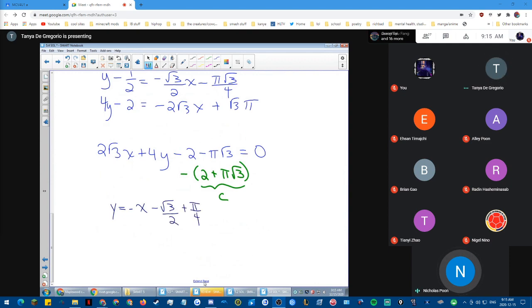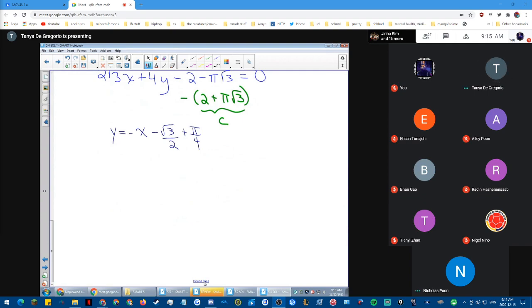Would that be acceptable to just leave the answer like this, or should we find a common denominator for the 3? Oh, that's a good question. I would say it's better form to find a common denominator here and bring it together as one, since it is a y-intercept.